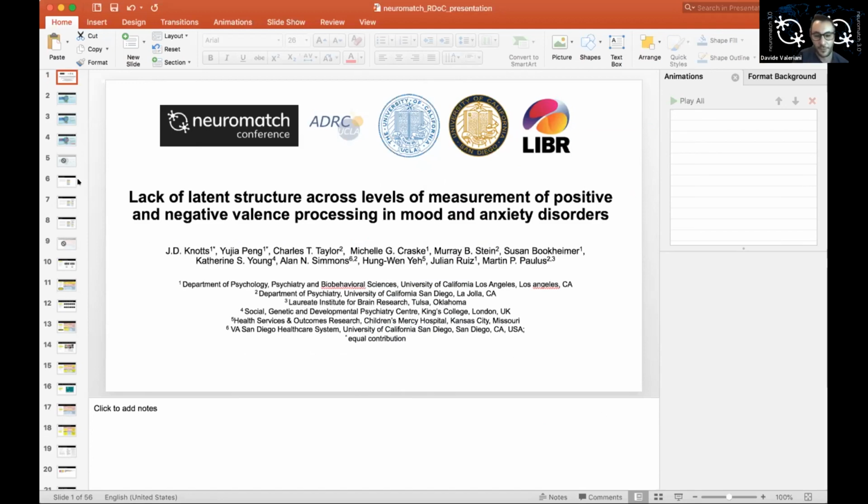Feel free to ask questions using the Q&A button at the bottom here, and please do ask questions. I was wondering if you are planning to do some analysis using structural MRIs, because I guess you collected it anyway, right? We haven't discussed that really. We've been so focused on just the fMRI contrast that we've used in this analysis.